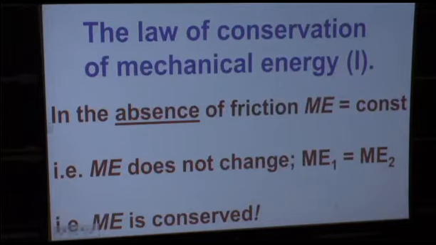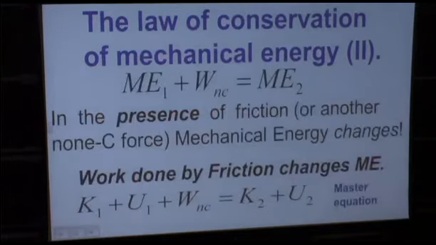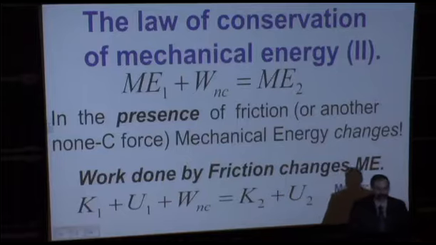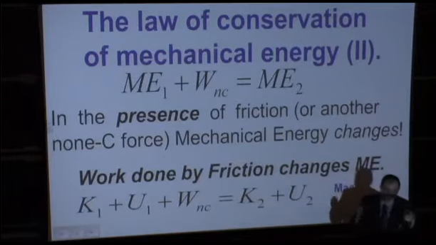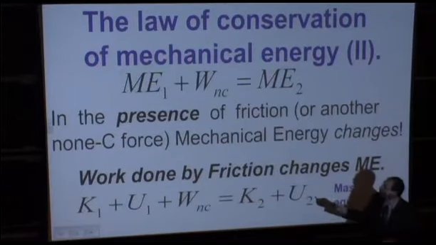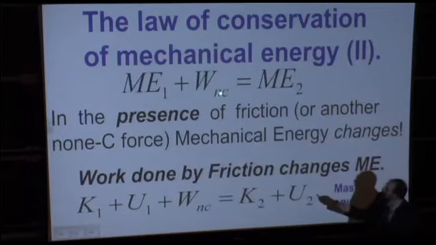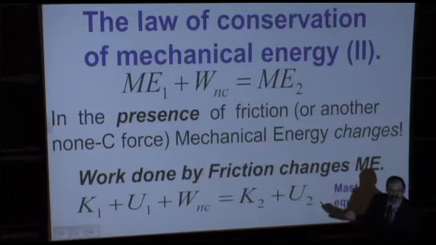And if friction is involved, or in general, any non-conservative force is involved, but we're going to talk about friction only. So I replace this term non-conservative with the word friction. It's not exactly accurate, but if friction is involved, we have to add the work done by friction. Only non-conservative forces change mechanical energy.